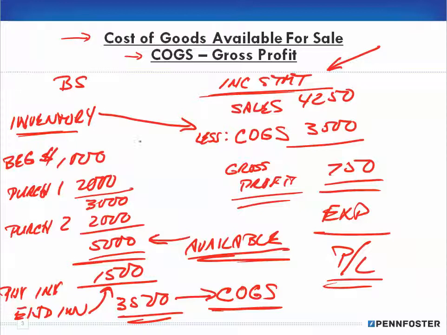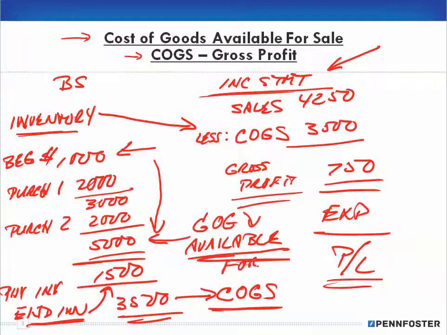So what we end up doing is starting out with a beginning inventory, and then we add our purchases during that period of time, and then we take a physical inventory, and we end up knowing what our ending inventory is. So everything that was available for sale, meaning what we originally started with plus all of our purchases, is our cost of goods available for sale. That's another concept that we need in order to determine our cost of goods sold.